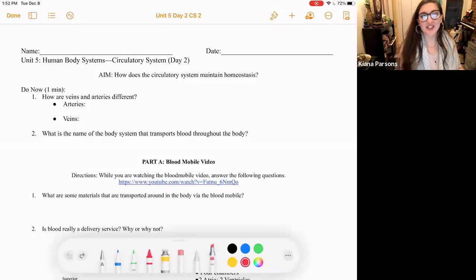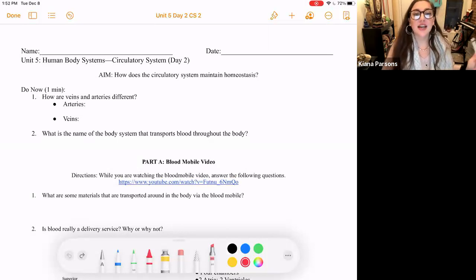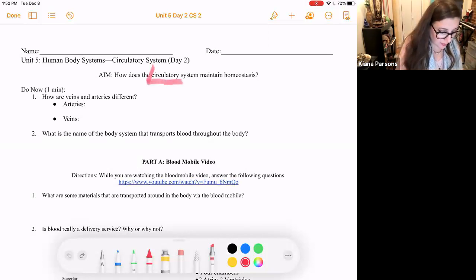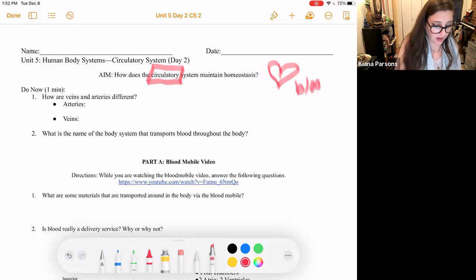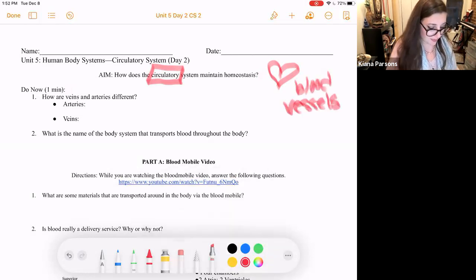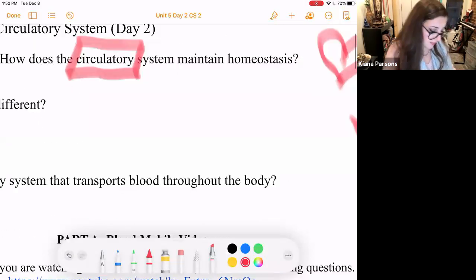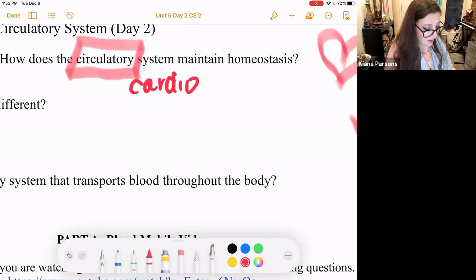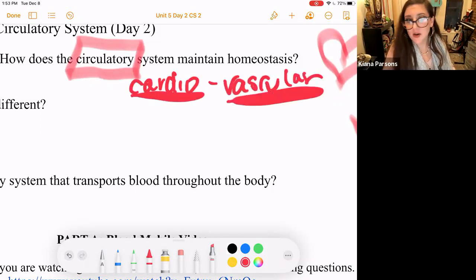All right, so today we're looking at circulatory system day 2, and we're still discussing how the circulatory system maintains homeostasis. Hopefully you remember from yesterday, our circulatory system includes our heart and our blood vessels, which is why another name for this body system is the cardio, meaning heart, vascular, meaning blood vessels, system.